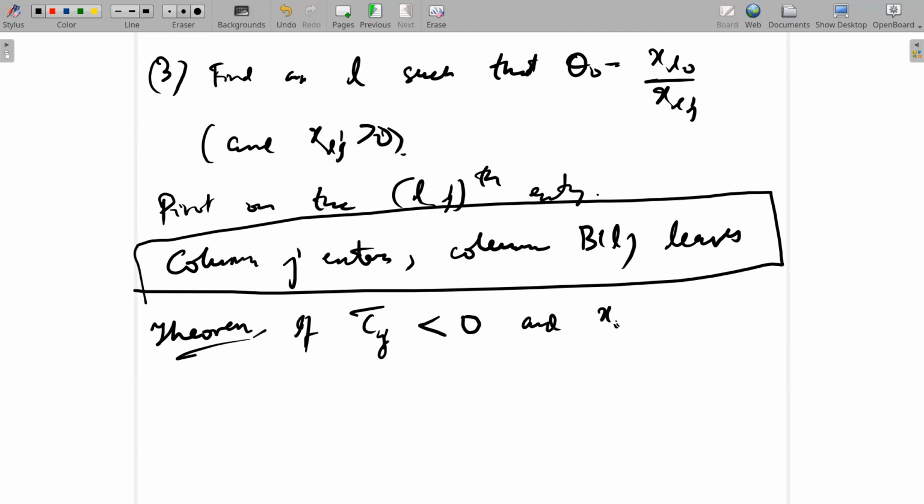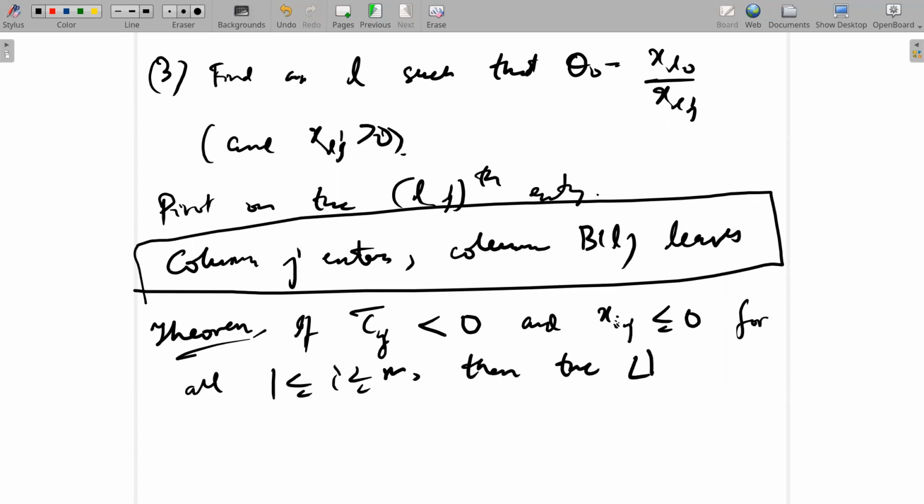And Xij, the corresponding entries in the jth column of the matrix X. So if Xij is less than or equal to 0 for all i between 1 and m, then the LP instance is unbounded.